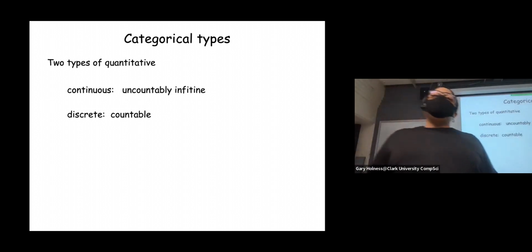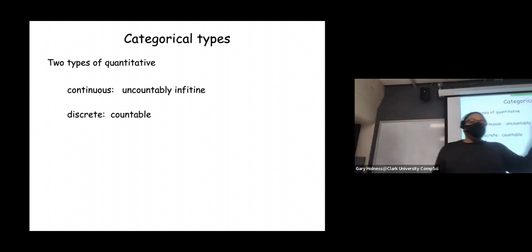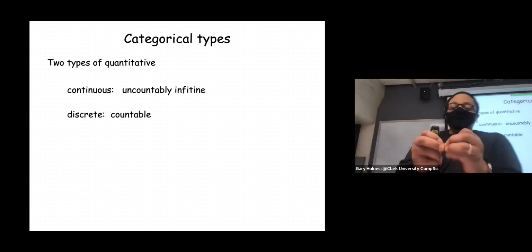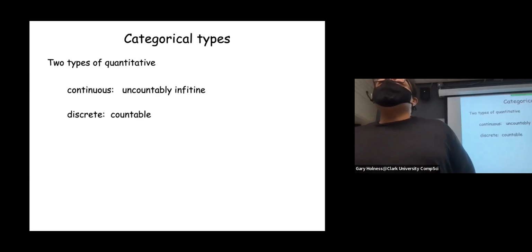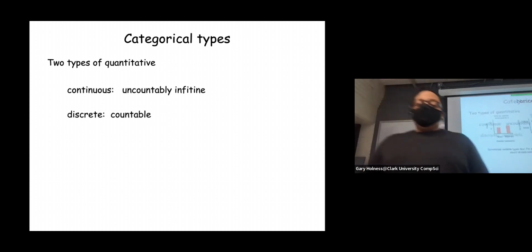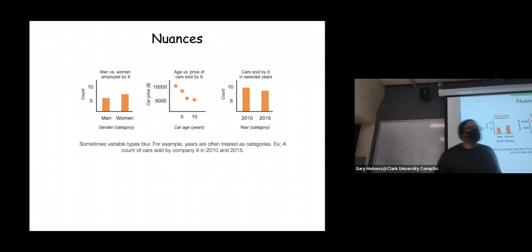I give you 1.5 and 1 degree, you can always find something between it, and it never reaches a bottom. It keeps going. And those are so-called uncountably infinite. Okay, any questions about this? No? All right. And so there are several nuances, and I'll just walk through some of them. Some types of variables are numerical, but you can treat them as if they were categories.